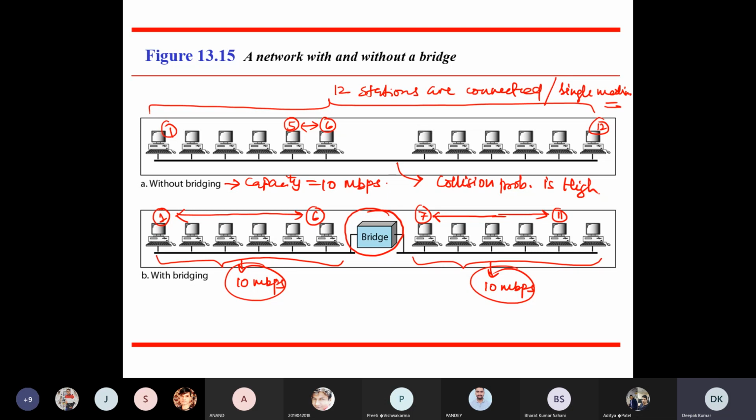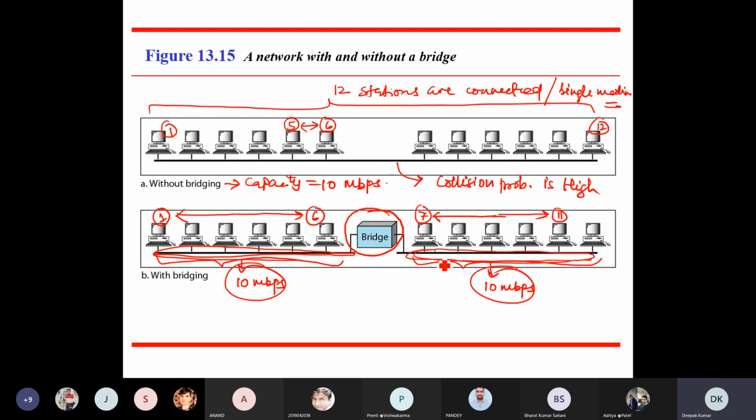It means the effective utilization of this channel remains 10 Mbps. On the right side also the maximum transmission capacity remains 10 Mbps.